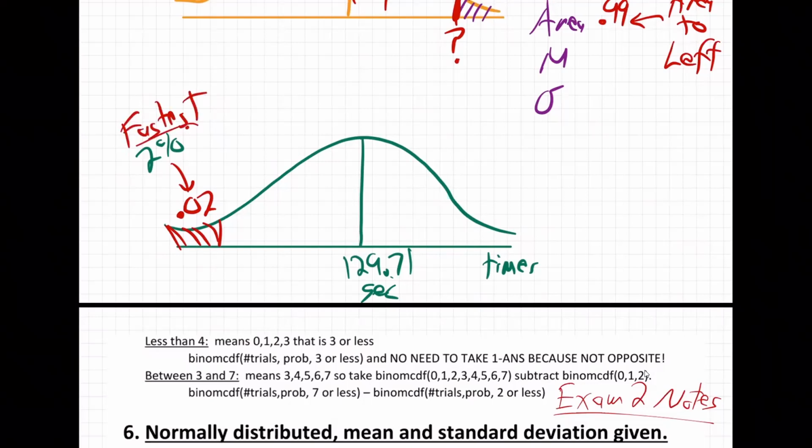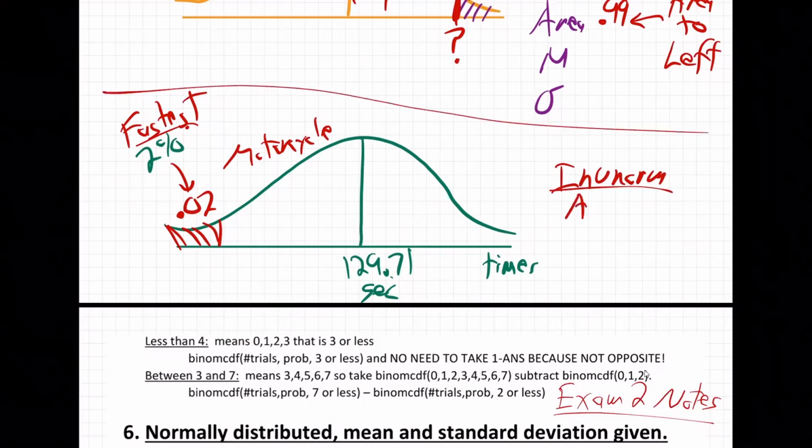Everybody see that? So if you're doing the motorcycle race one, fastest means lower times. So for this one, I'll do the normal CDF with the lower being the -999 and the upper being the 0.02. For the motorcycle one, you'll do inverse norm, and the area to the left is just straight out the 0.02, because for this spot right here, the area to the left is 0.02 in the mu and the sigma.